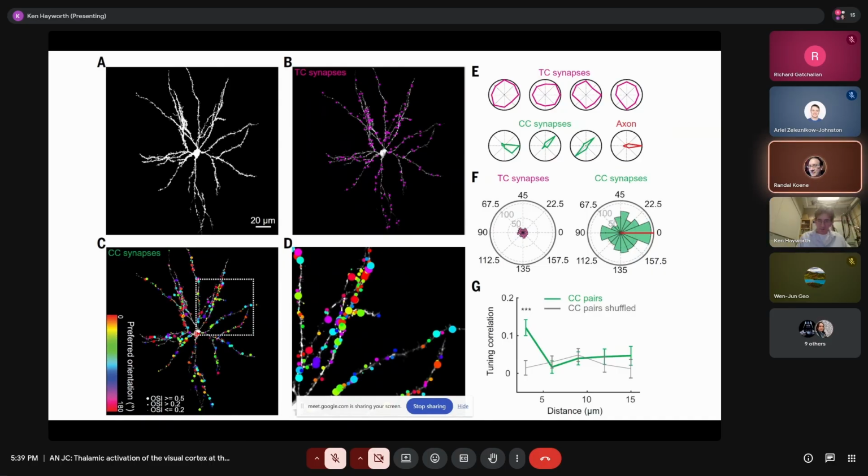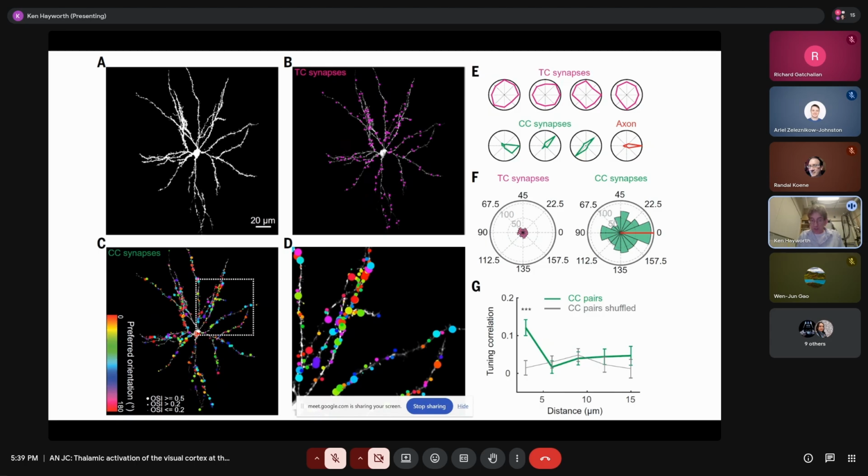But I'm actually super impressed with the very even distribution of the TC synapses. That's almost surprising. It is, and they didn't say that there was any clustering of those, which, I mean, there's no orientation selectivity.